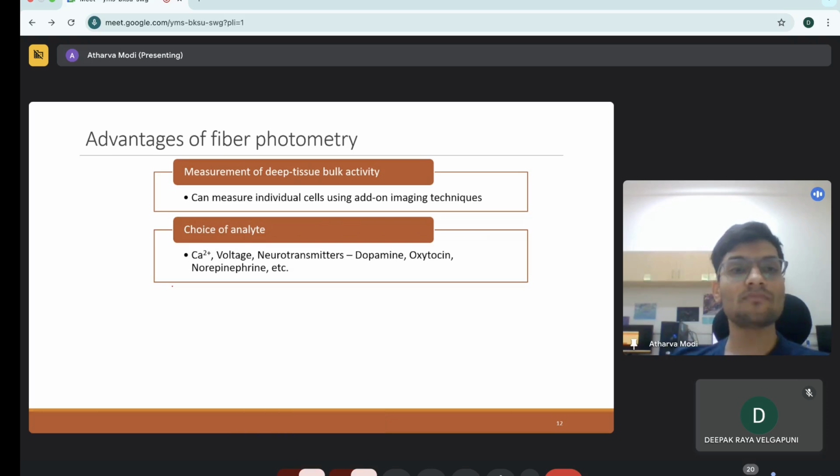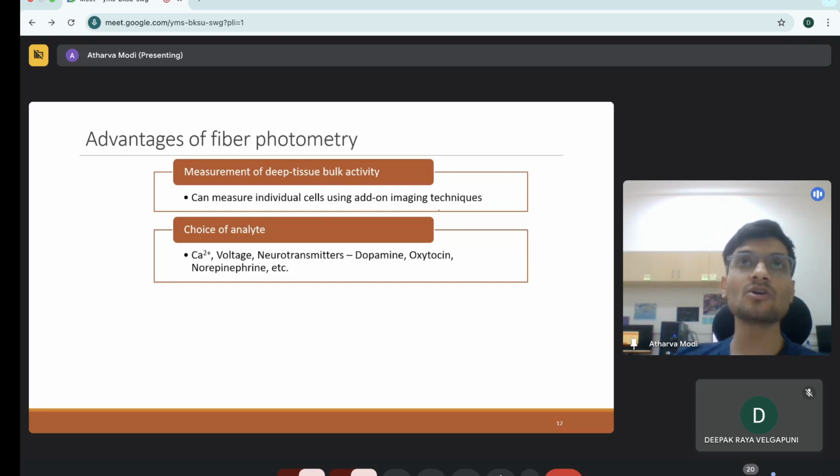So now I'll go through what we have seen, the advantages of fiber photometry. We can measure deep tissue bulk activity, unlike EEG or other non-invasive techniques. But it requires, of course, genetically encoded sensors to be put in the brain. Also, we can measure individual cells using add-on imaging techniques.